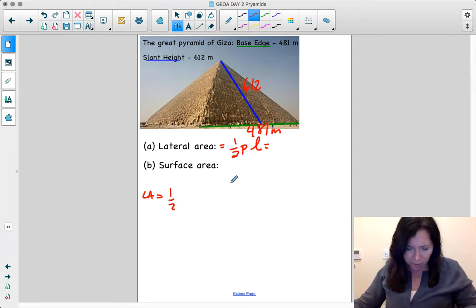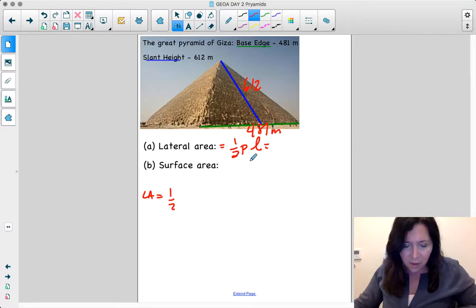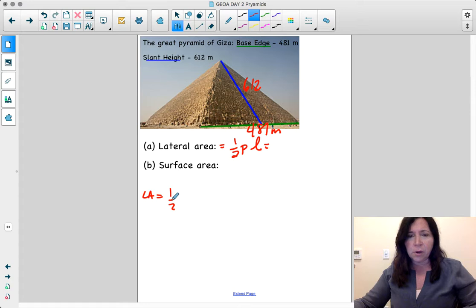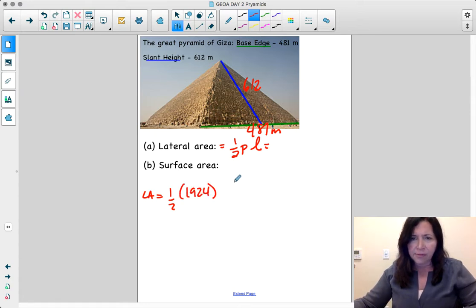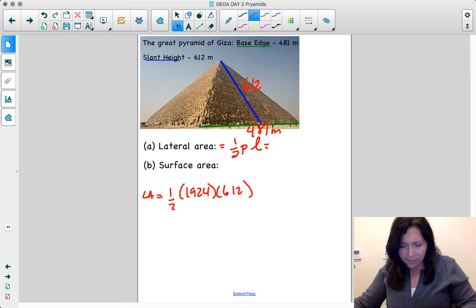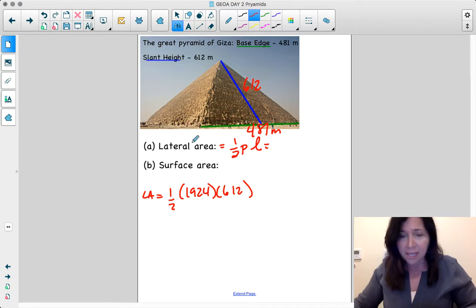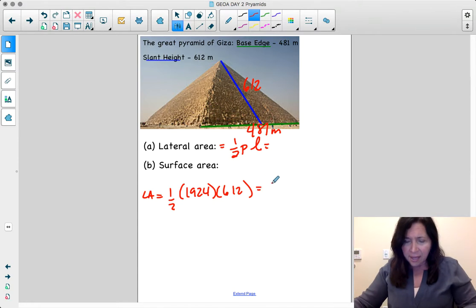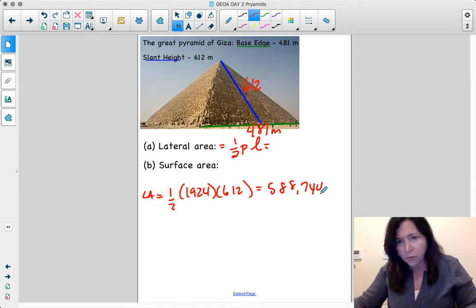My perimeter is going to be 481 times 4, and that's going to be 1924. So 1/2 my perimeter times my slant height, which is 612. So I'm going to do that times 612 equals, and I'm going to divide that by 2. And therefore I have 588. So my lateral area is 588,744 units squared.